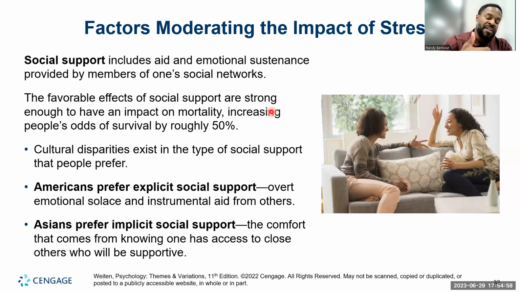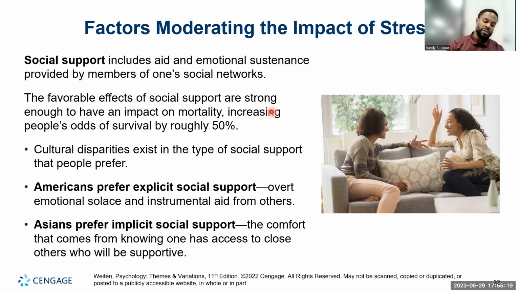It shows that there are favorable effects of social support, and they are strong enough to have an impact on mortality, increasing people's odds of survival by roughly 50%, right? So people who have greater support systems usually live longer than those who do not, especially when we hold these individuals constant, right?